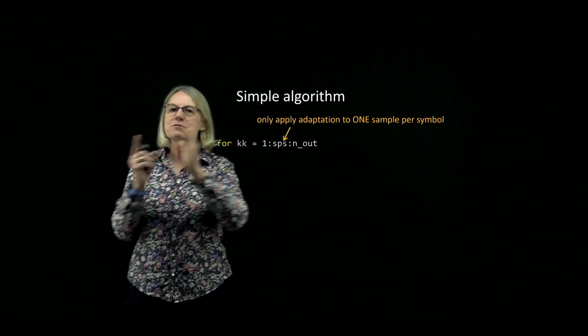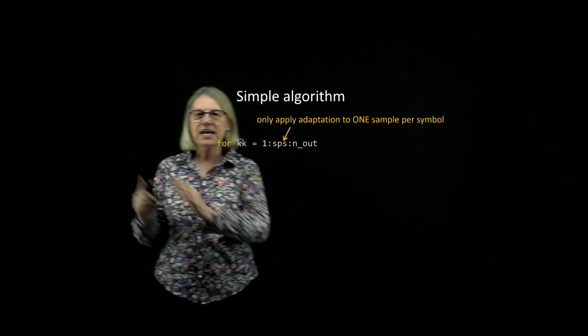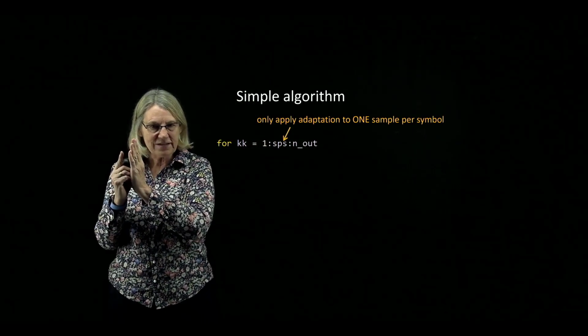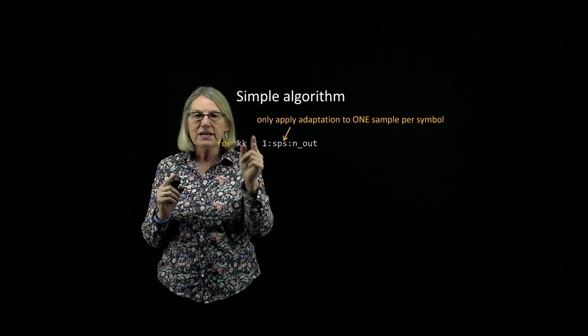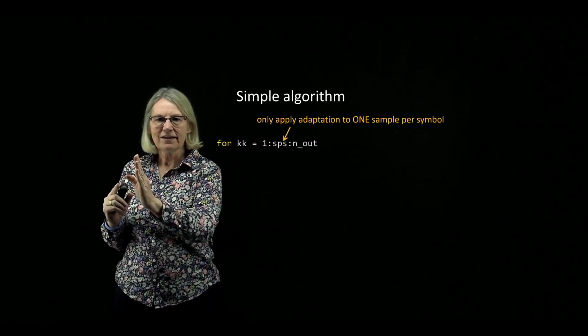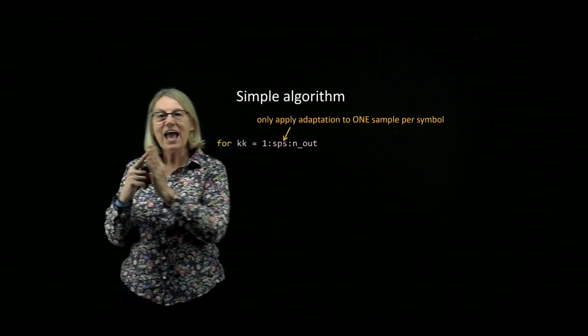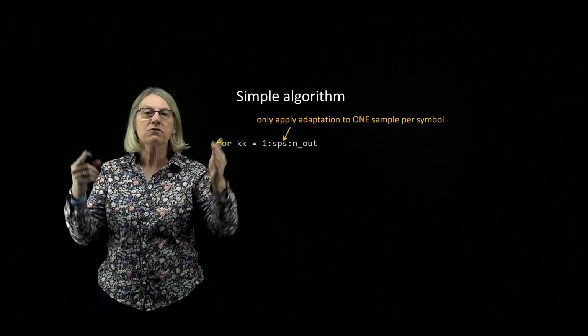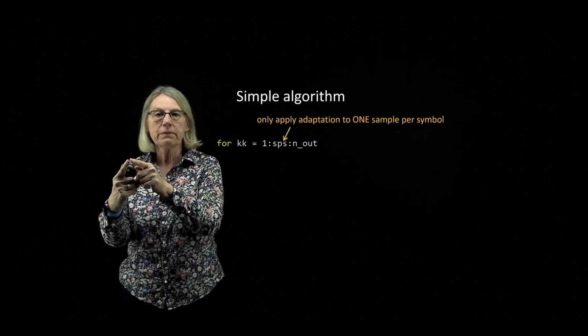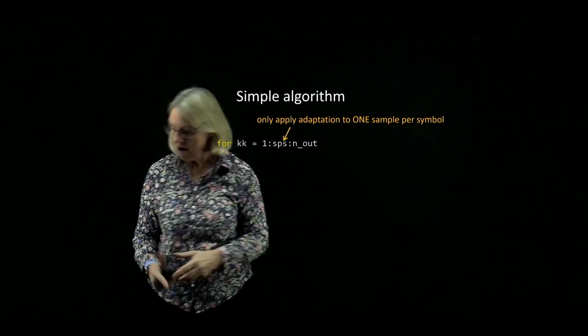But in any case, I'm sliding a window. Even though the starting point is making these jumps so that it happens 1 sample per symbol, the actual data that I'm putting through my filter is going to be as many as there are in the filter tap.